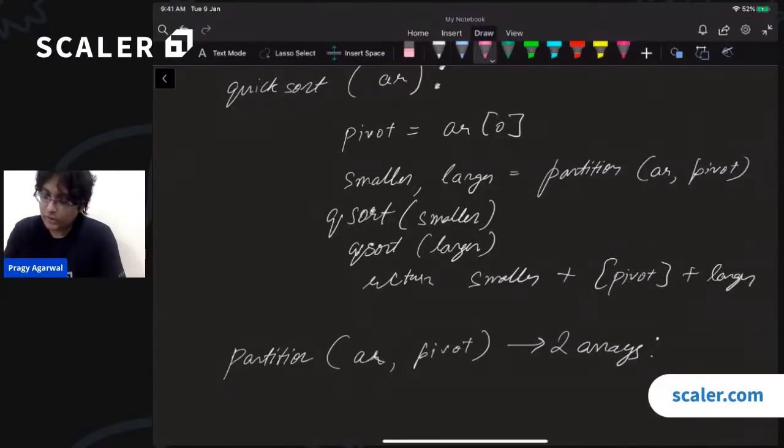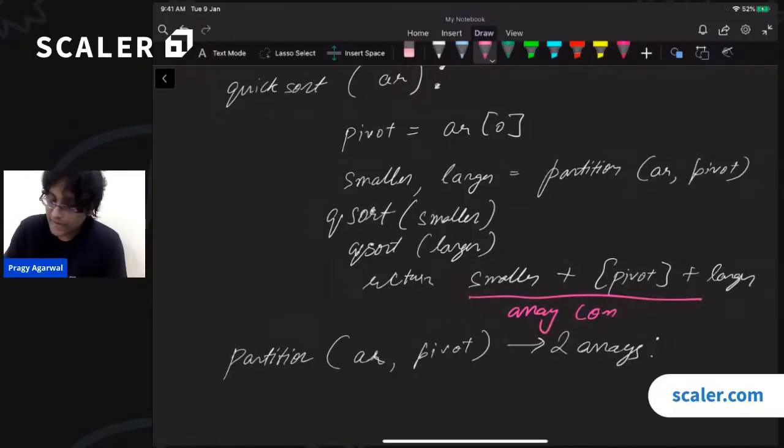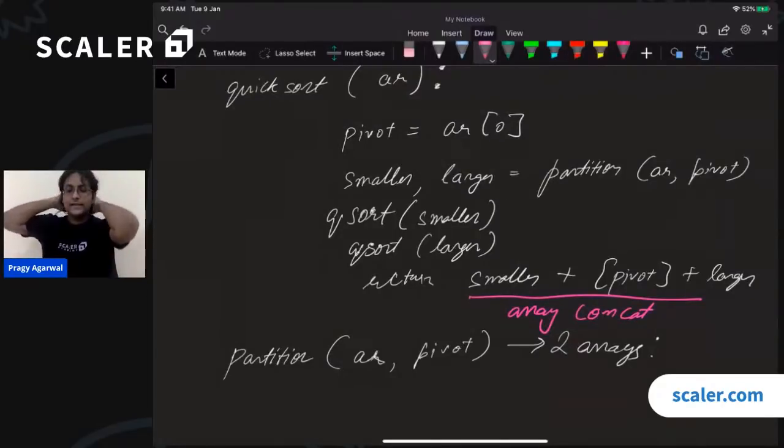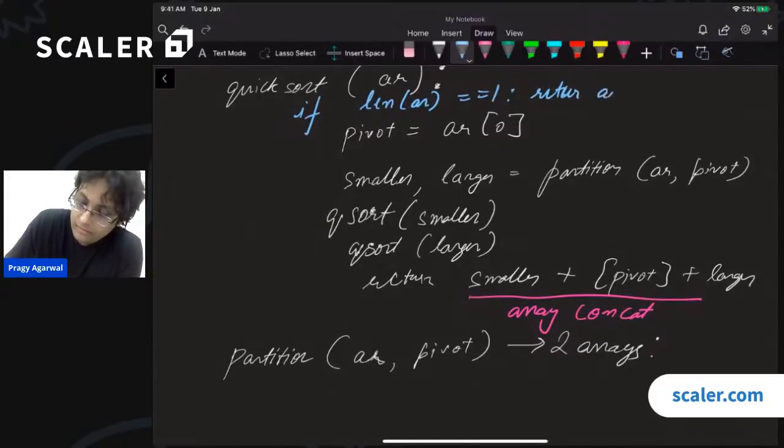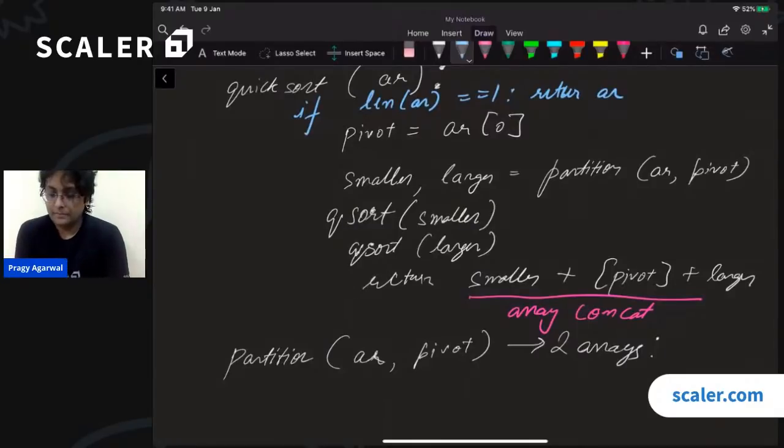This is array concatenation; in Python, list concatenation. Does that make sense? And I just have to carefully include my base case. So if the length of arr equals 1, then simply return arr.